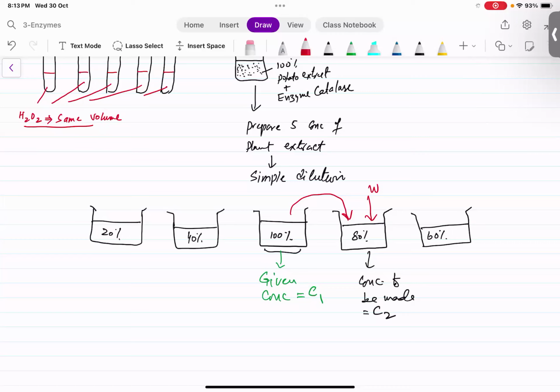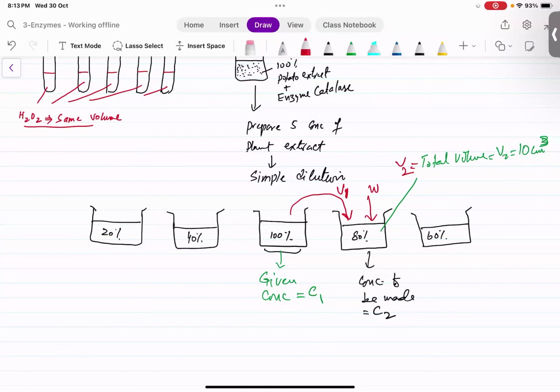We can take maybe 10 cm cube. So this total volume is V2, and this is 10 cm cube that has to be made. Okay. Now this is V1, the volume of C1 that has to be added into it to make this V2.